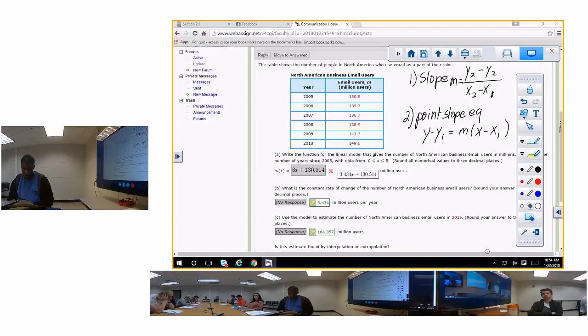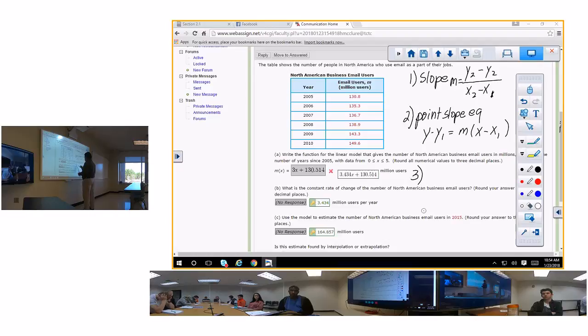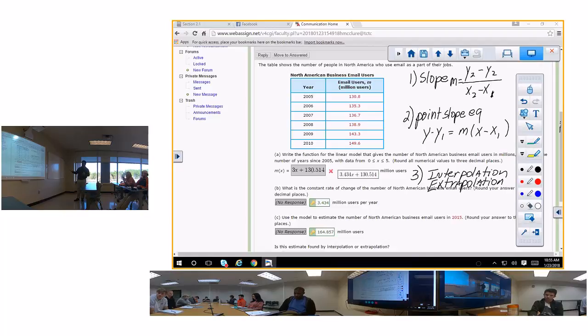And it's reviewing interpolation and extrapolation. Interpolation is finding out within. Extrapolation is extending and finding out and predicting.